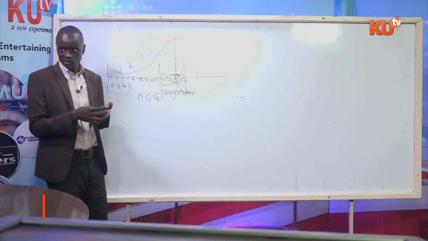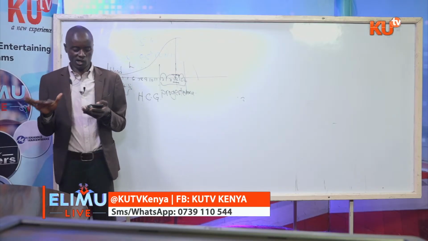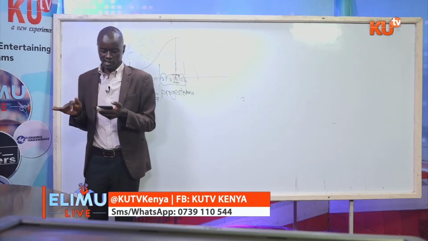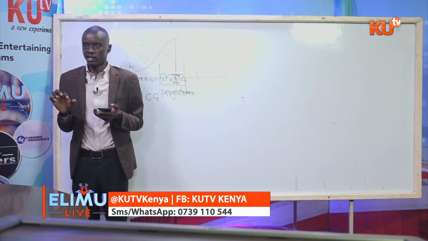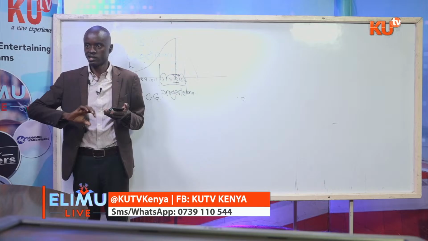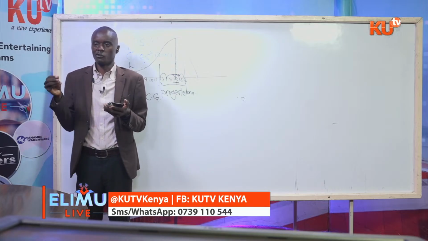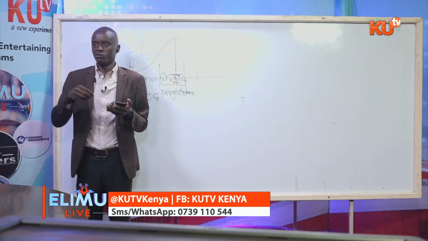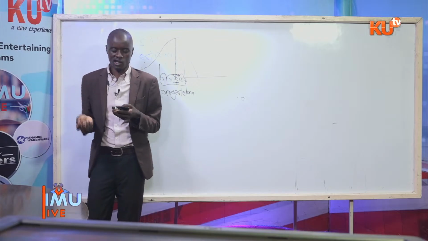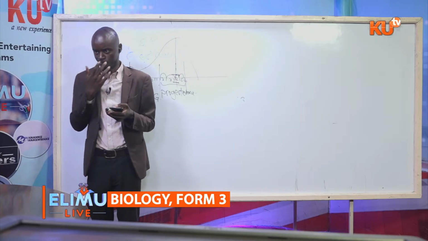Now, this hormone is always excreted in urine. Once it is released, it is expressed in urine. So once you go for urination, it forms part of the urine. It becomes one of the components of urine during that time.